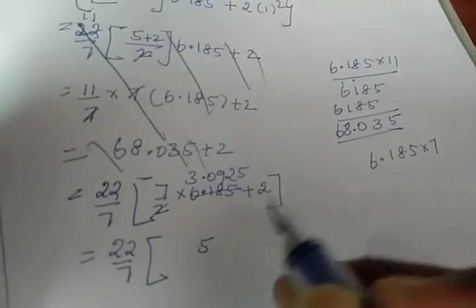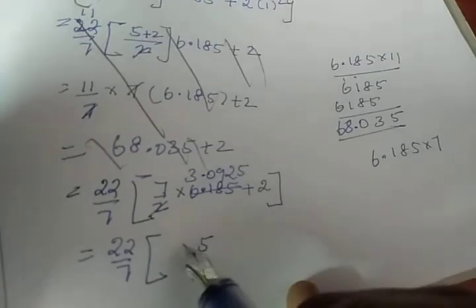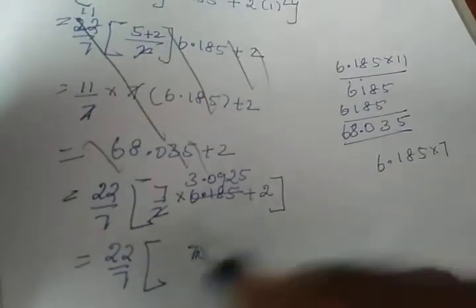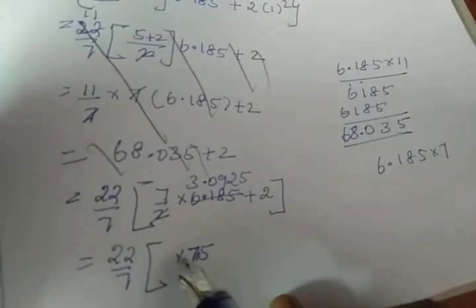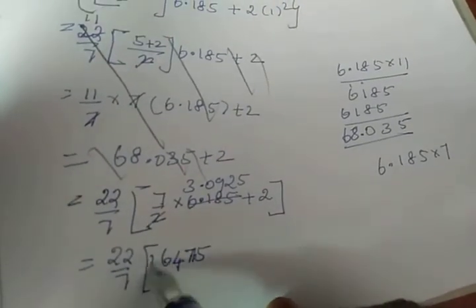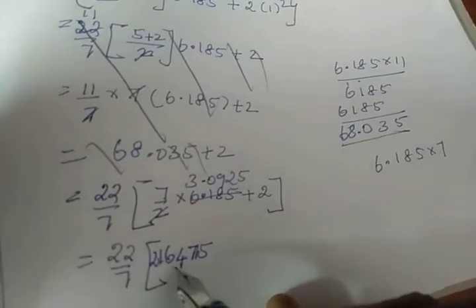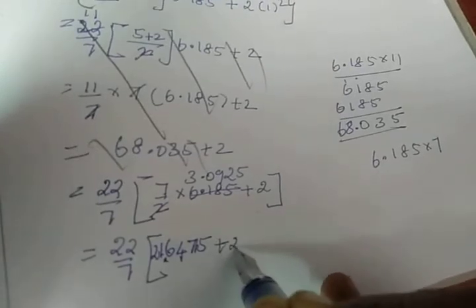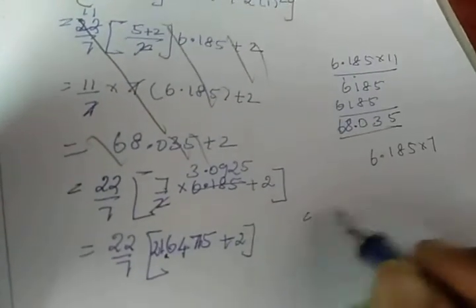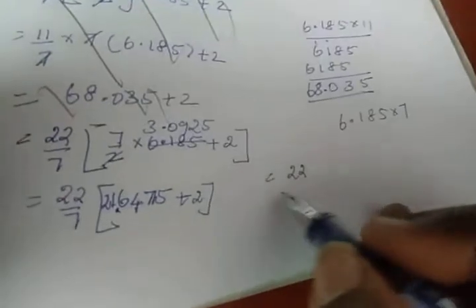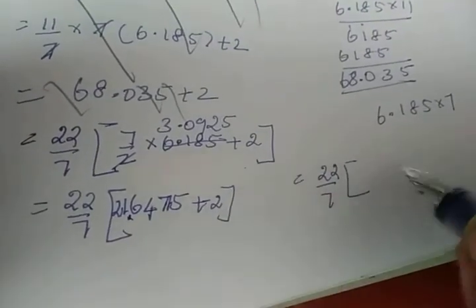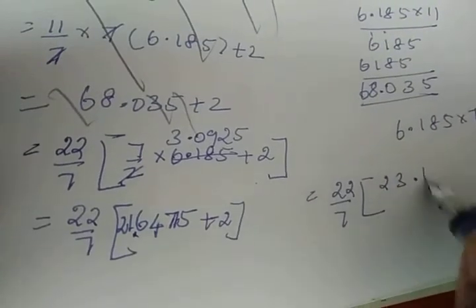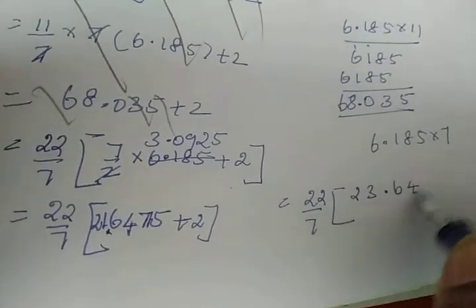We get 21.6475 plus 2. We will get 22 by 7 into 21 plus 2, you will get 23.6475.